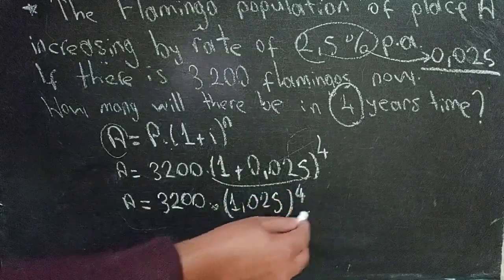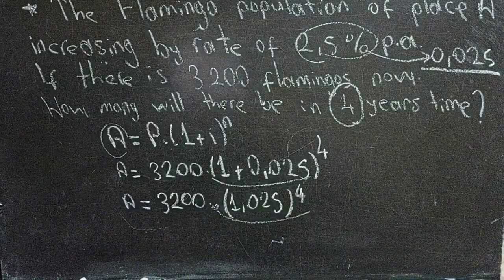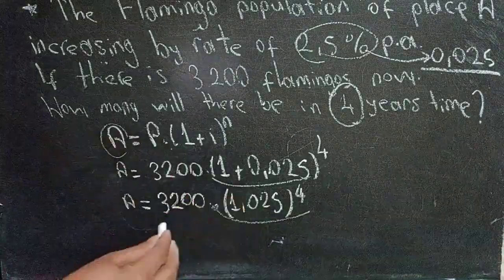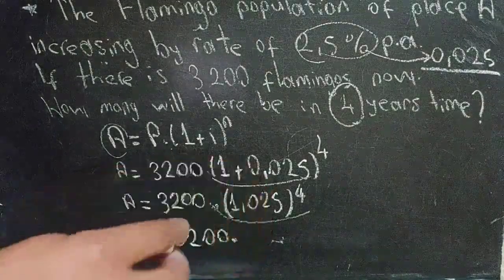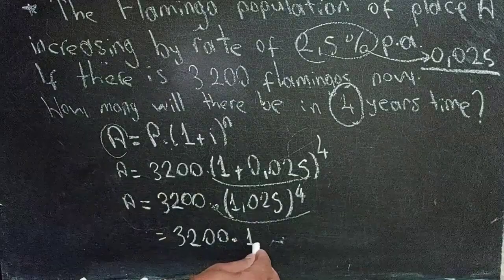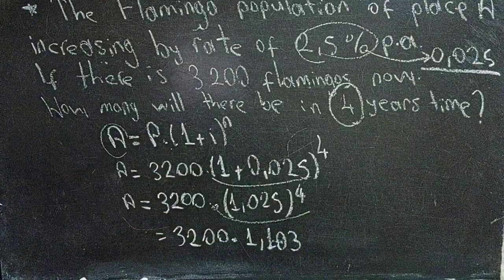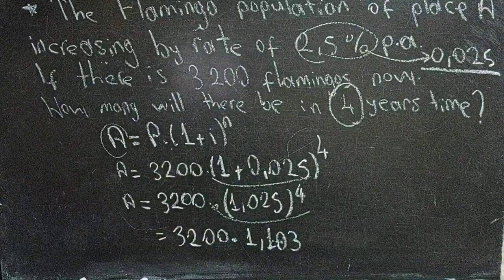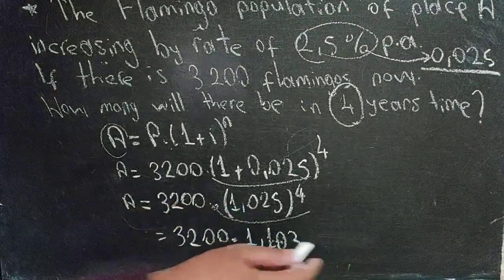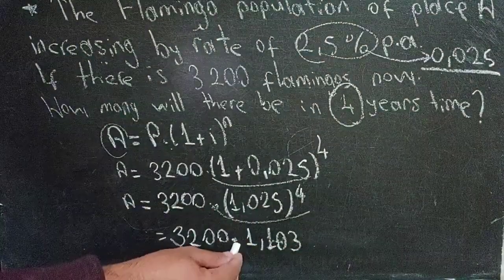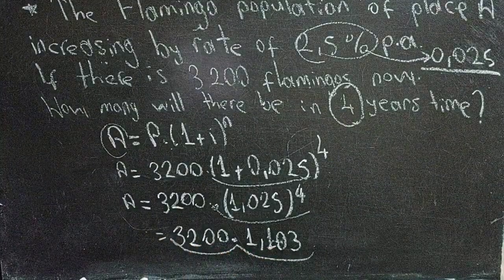Right, now when you calculate this in your calculator, 3,200 times, this will give you 1.103 and it's going like that, 812896. I don't need to write them. So what I need to do is just multiply 3,200 by 1.103.